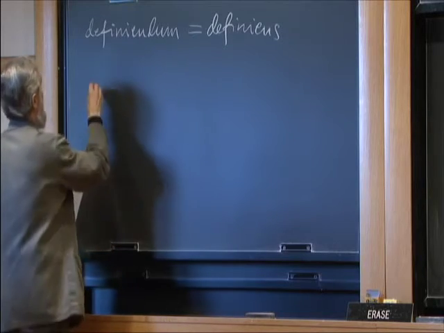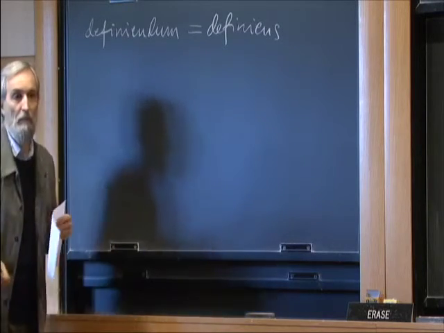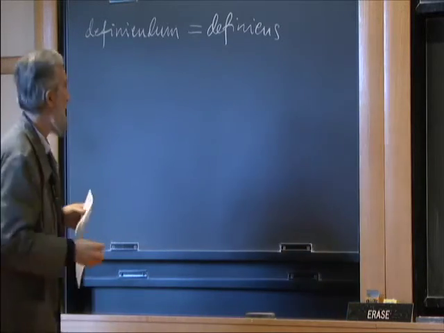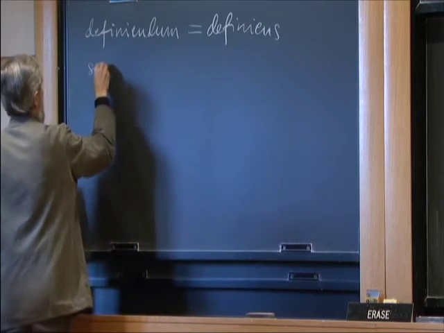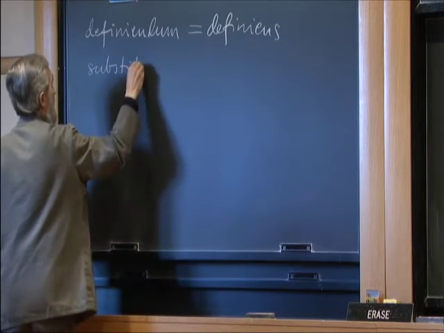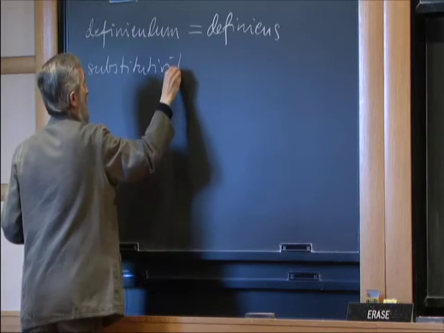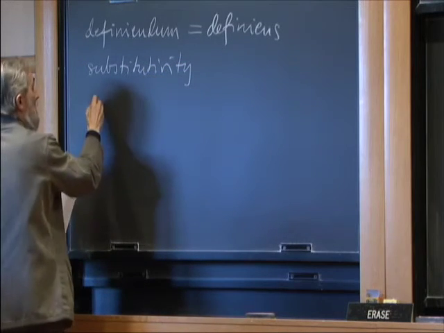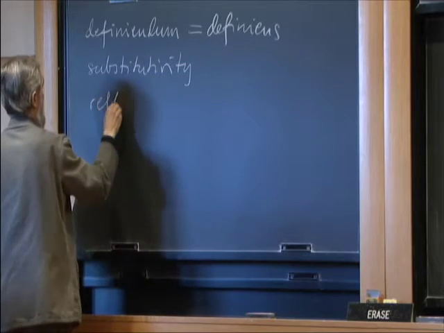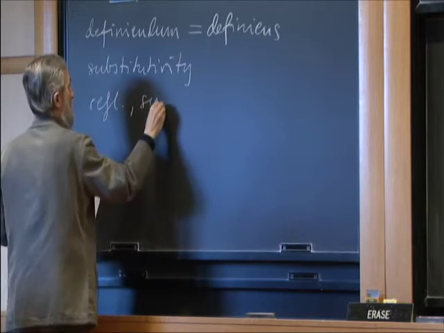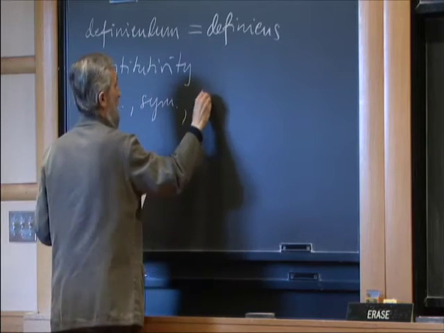So that's the first law, and then it is the principle that we may substitute equals for equals, and I will just call that substitutivity. And then, of course, reflexivity, symmetry, and transitivity.